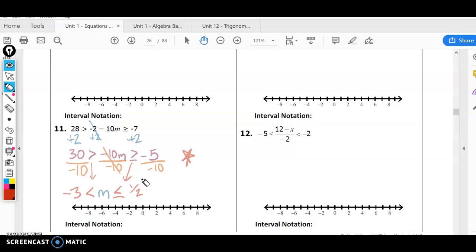The way we graph it is that we put an open circle at -3 and a closed circle at 1/2, and they are connected since it is an AND inequality. Finally, lastly, the way we write it in interval notation is that the graph starts at -3, ends at 1/2, but it doesn't include -3, and it does include 1/2.